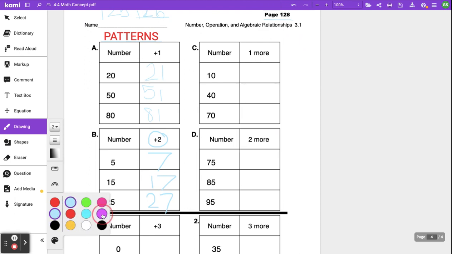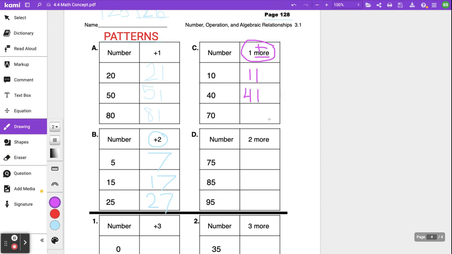Okay, let's do a new color. This time the pattern says 1 more. They're trying to trick you. They think that you don't know what more means, but I know you do. What math symbol is more? Yes, plus. So 10 plus 1 is 11, just like when we count. 40 plus 1 is 41.